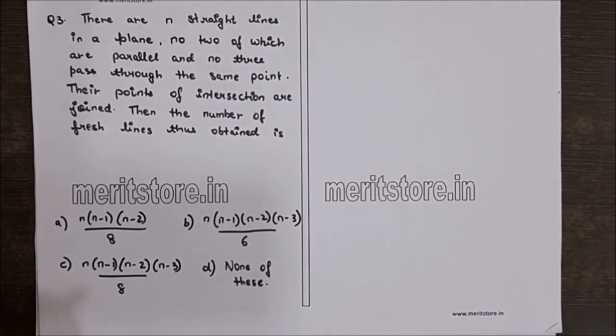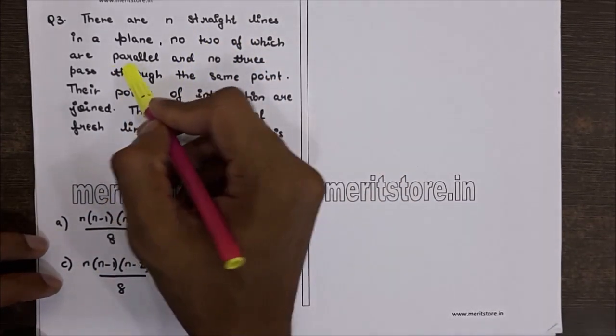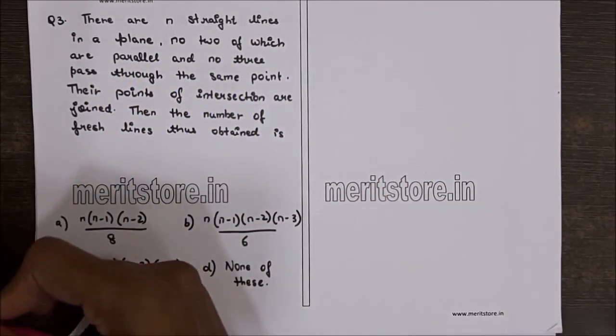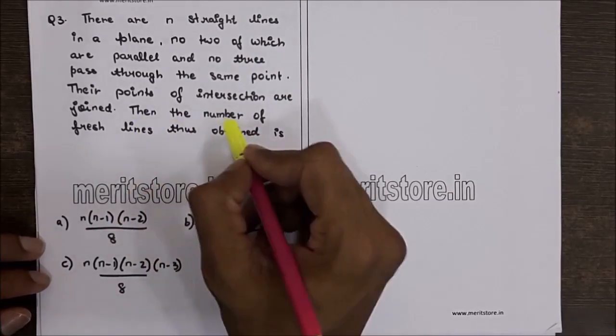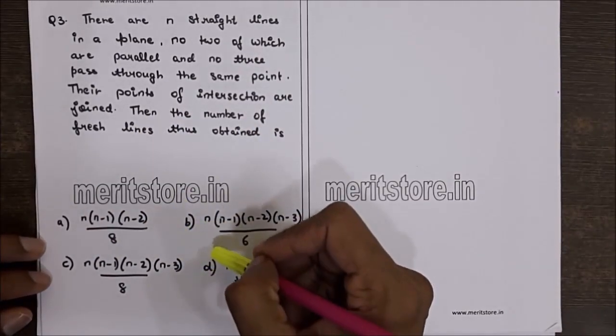Question 3. There are n straight lines in a plane, no two of which are parallel and no three pass through the same point. The points of intersection are joined, then the number of fresh lines thus obtained is, we have four options given.